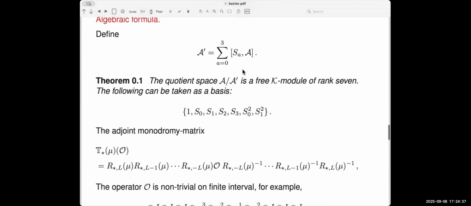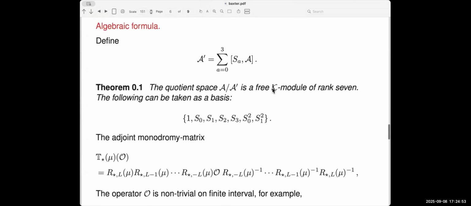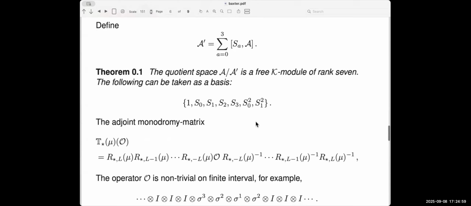What does this mean? It means that in order to compute the trace of any element of Sklyanin algebra, we can first of all perform some algebraic procedure, and the theorem is that the result of this algebraic procedure is to reduce it to these 7 elements.